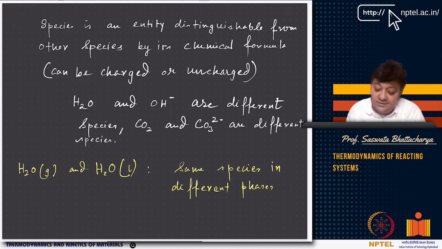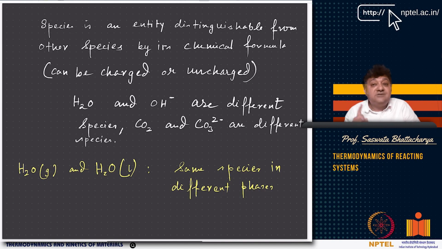A species is an entity that is distinguishable from other species by its chemical formula. The species can be charged or uncharged. For example, H2 and OH minus, the hydroxyl ion, are different species. Carbon dioxide and CO3 2 minus, a charged negative ion, an anion, are different species.